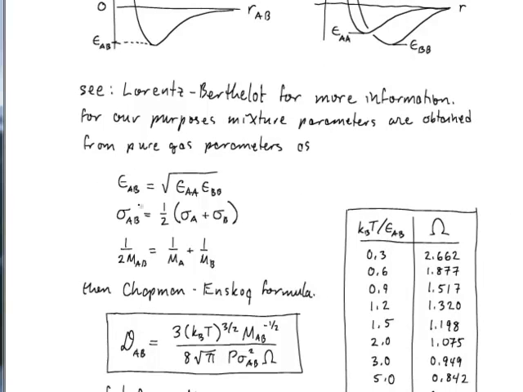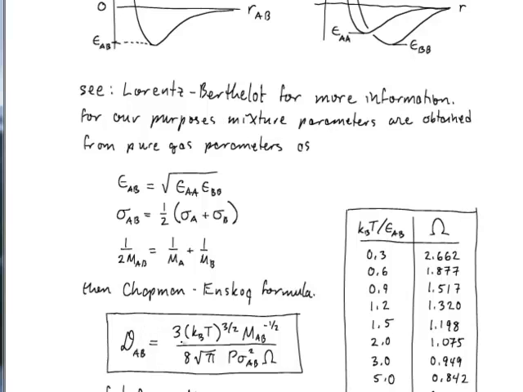But here is the formula for the interaction. It is a geometric mean of the interactions between the pure gases, and we again have the sigma AB term here with the arithmetic mean of the two diameters. This is again a harmonic mean that gives you the effective molecular masses of the collision pair. So every mean that you can imagine here is represented, and at the end of the day, the formula that Chapman and Enskog derived is this.